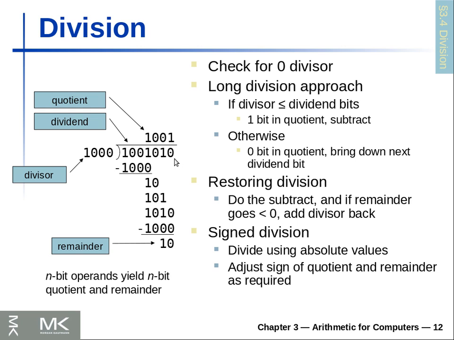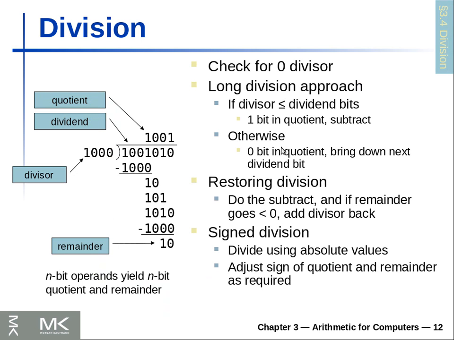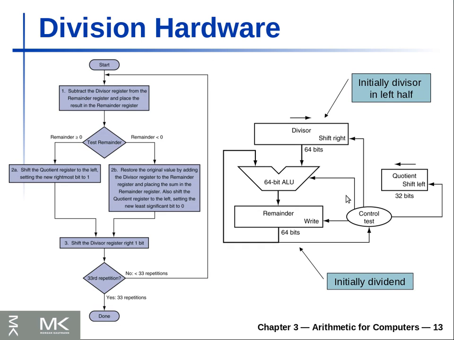The dividend's what you're subtracting from. Your quotient is the answer to the division question, and the remainder is the answer to the modulus question. So the dividend is the big number, the divisor is on the left half right here, and then the quotient is what's on top. The quotient is going to be the answer.